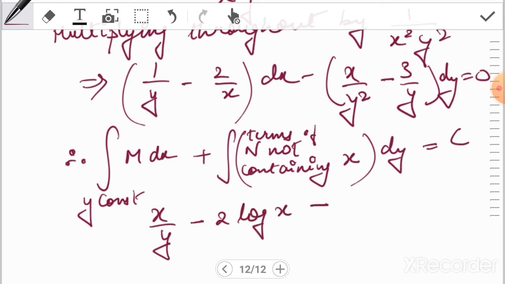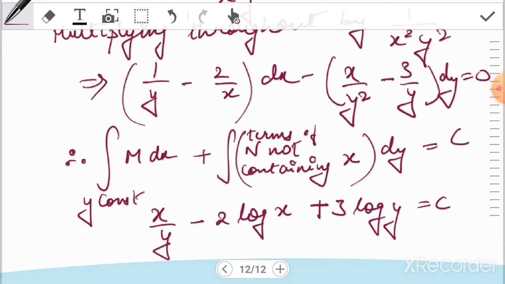And for the terms of N not containing x, so omit this and just take minus 3 by y, so this will be plus 3 log y is equal to c, right?